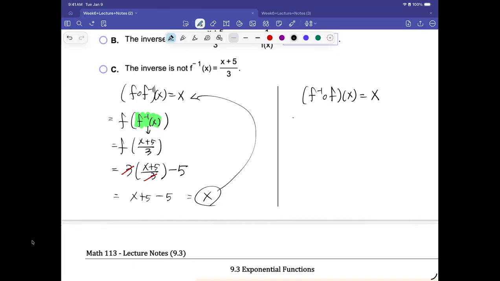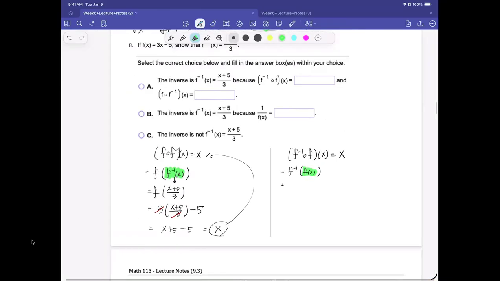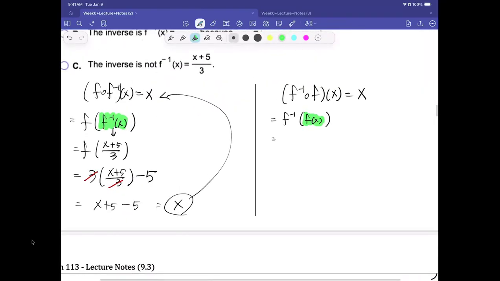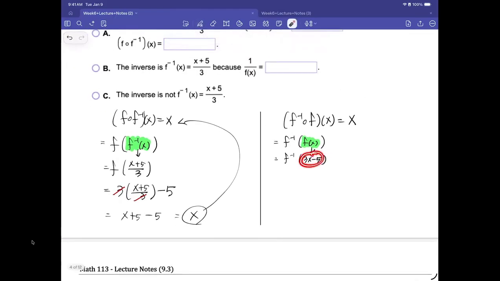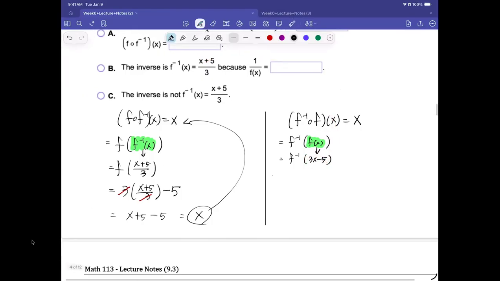On the second part is the inverse. f of x is going to be 3x minus 5. So 3x minus 5, you have to plug into the x of the inverse, right? Plus 5, all over 3.